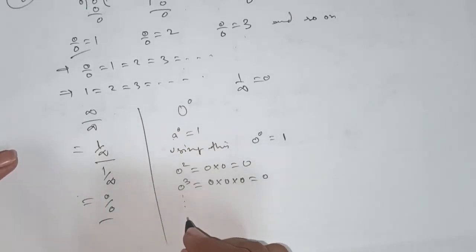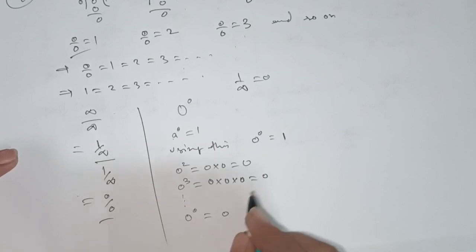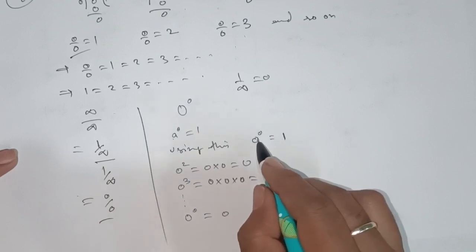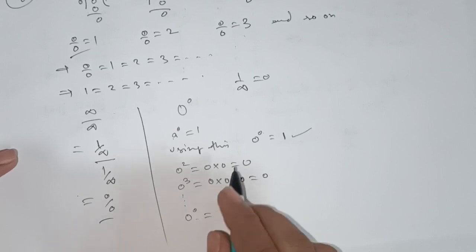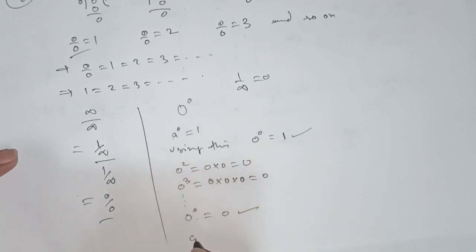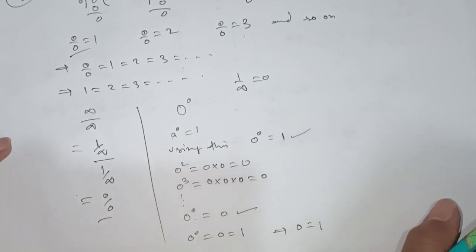This concludes that 0 to the power 0 also equals 0. So 0 to the power 0 equals 1 and 0 to the power 0 equals 0. From these two I can conclude 0 equals 1, which is again a contradiction.